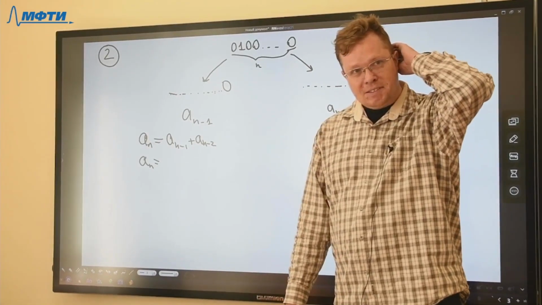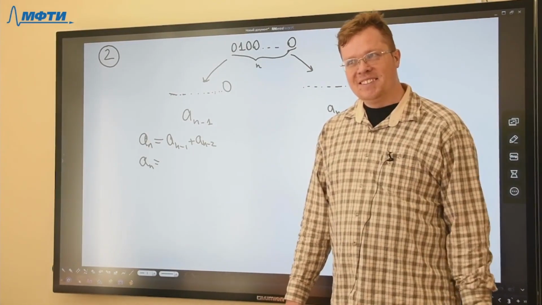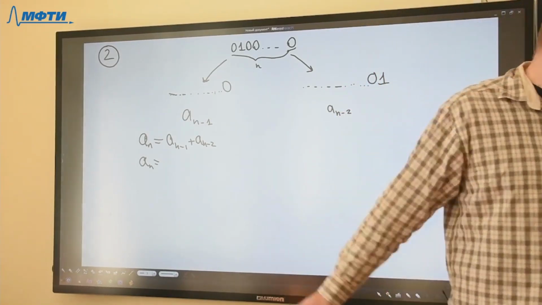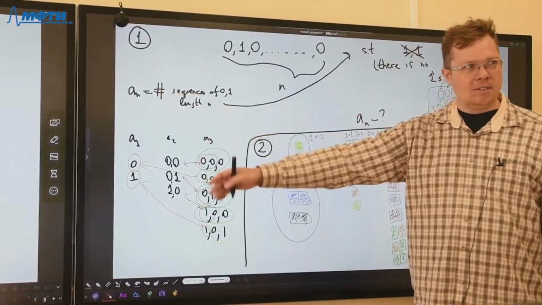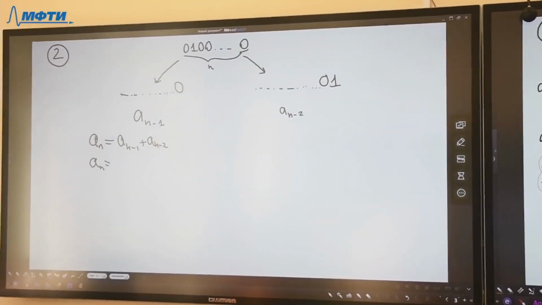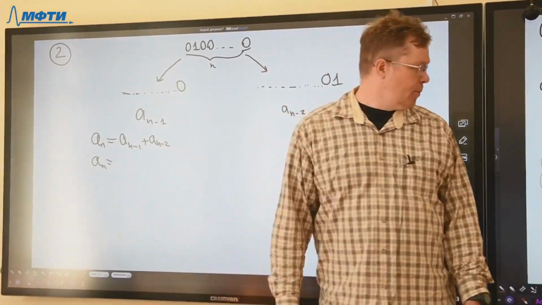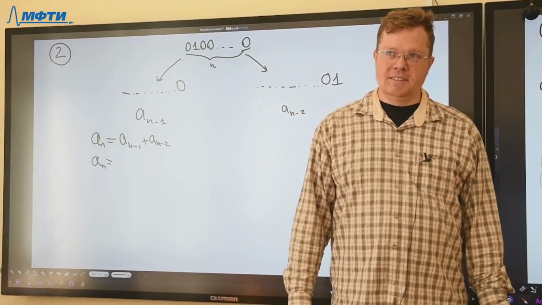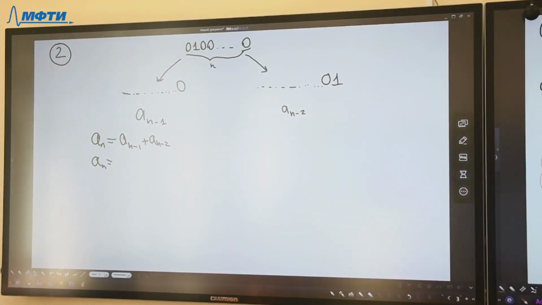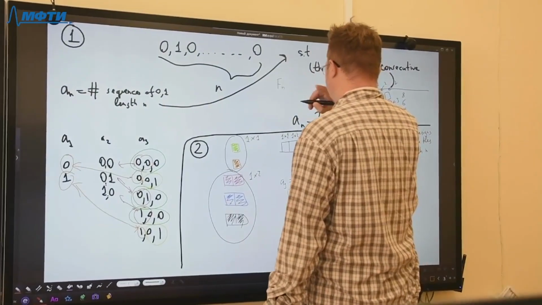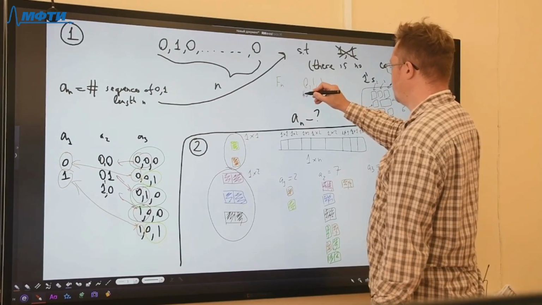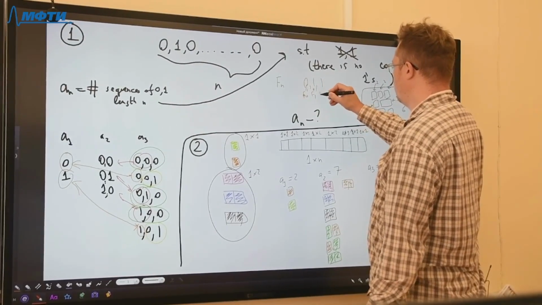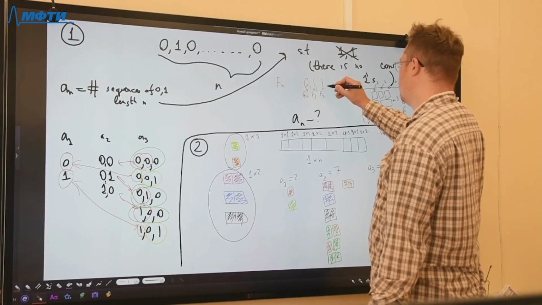What sequence has this recurrence relation? Fibonacci numbers. Okay, is it similar to the Fibonacci numbers? Yes. So how do the Fibonacci numbers start? We start from 0, 1, 1. So F0 is 0, F1 is 1, and F2 is also 1, and so on.